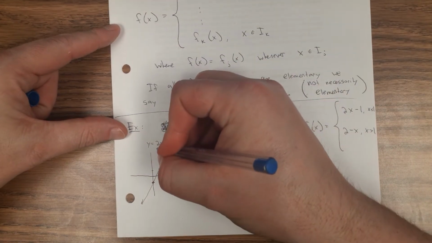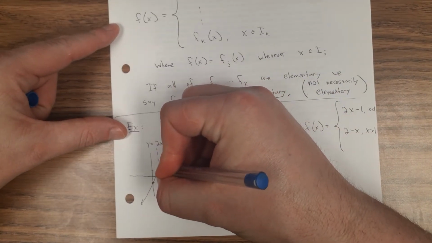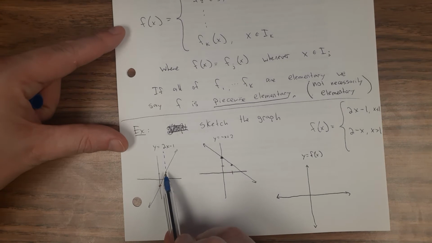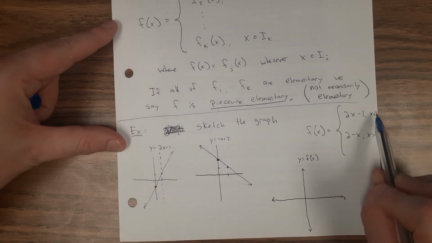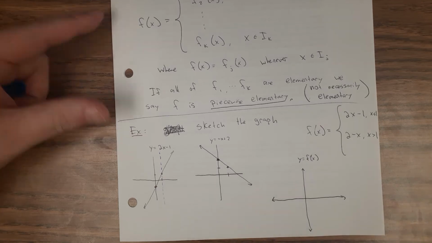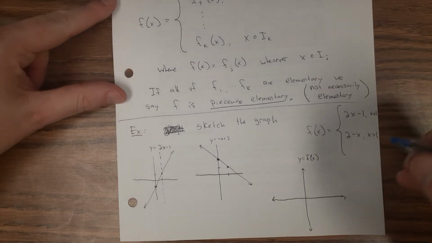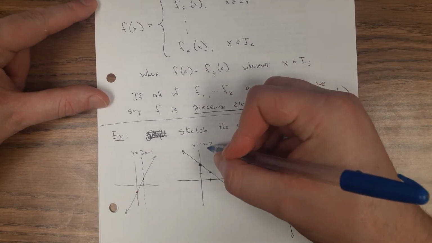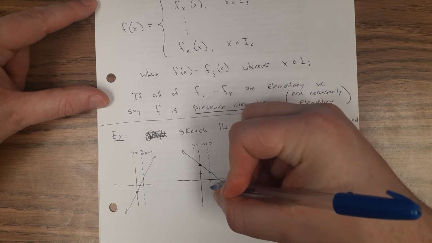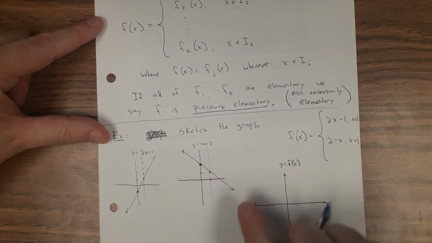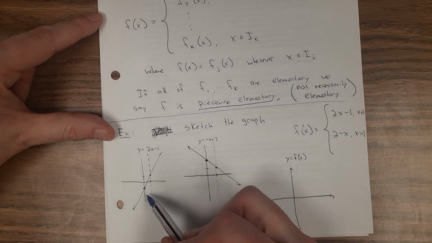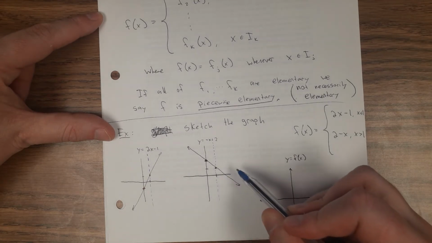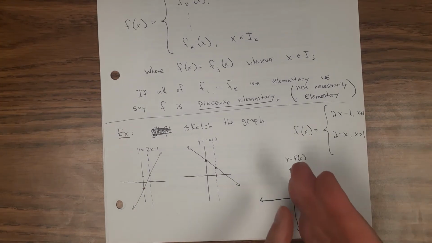So if it helps, sometimes I like to draw a little dotted line where I'm cutting it off, and I'm taking the piece to the left, because x is less than or equal to 1. And then for the second graph, I'm going to take the piece for x greater than 1. So I can draw a line here at x equals 1. And I'm going to take the piece to the right of that. So I'm going to take this piece here and this piece here and put them together.